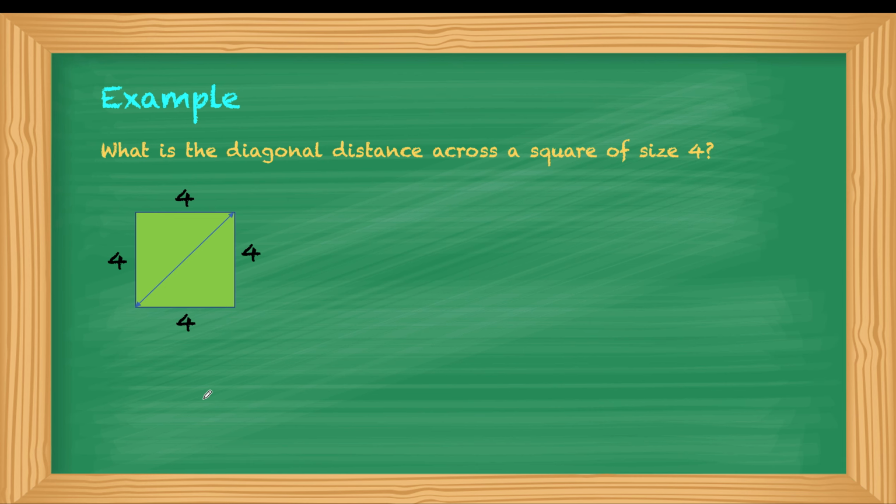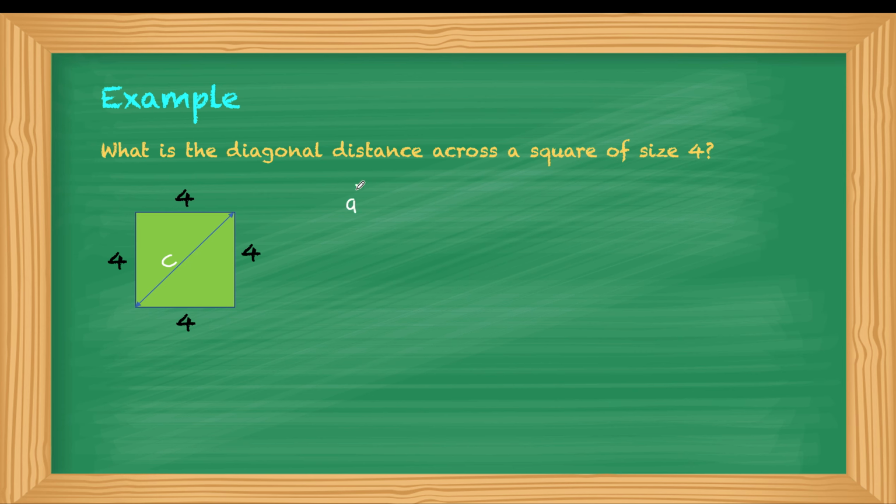Alright. Now for the last one. We have a square, and it says, what is the diagonal distance across a square of size 4? So here would be the diagonal, right? Once they're asking for the diagonal, obviously they're asking for the hypotenuse. So once we have the other two legs, or we have our a and b, how do we find the hypotenuse?